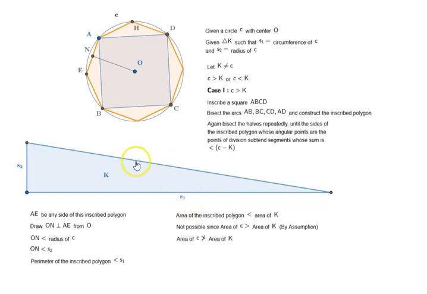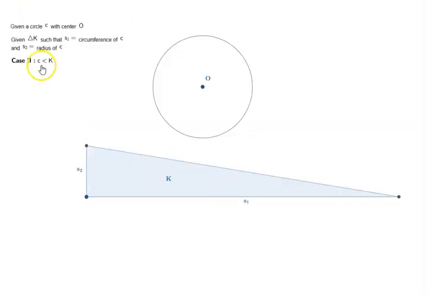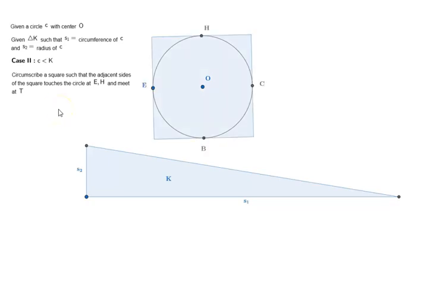Now let's look at the second case, where we assume that the area of the circle C is less than the area of the triangle K. Circumscribe a square such that the adjacent sides of the square touch the circle at E and H and meet at T. Bisect the arcs between adjacent points of contact and draw tangents at the points of section.